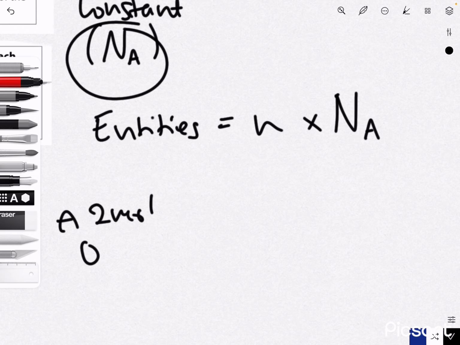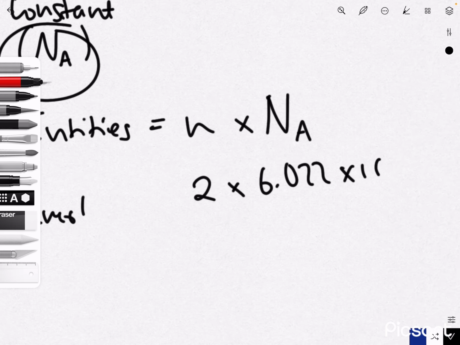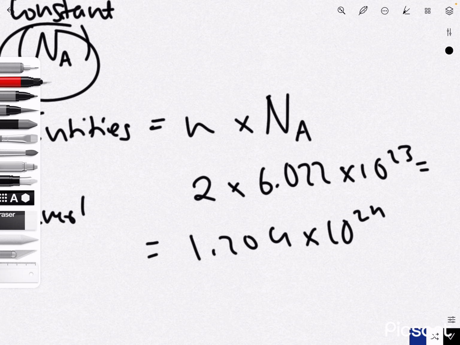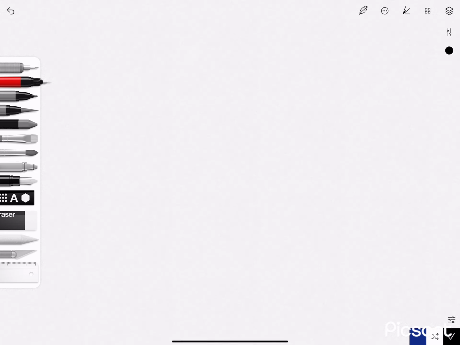Number of entities equals moles times NA. We have 2 moles, and Avogadro's constant is 6.022 times 10 to the 23, which gives us 1.204 times 10 to the 24.